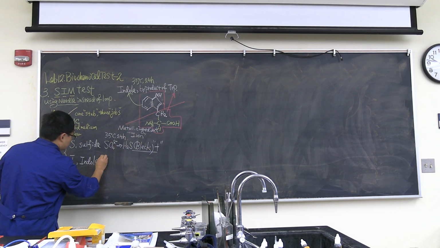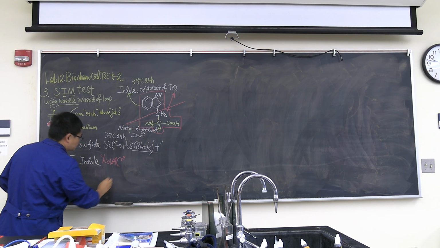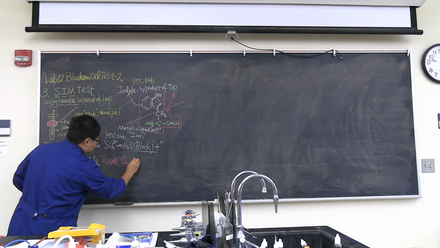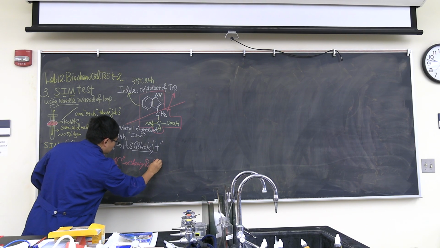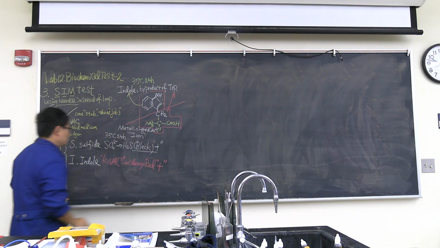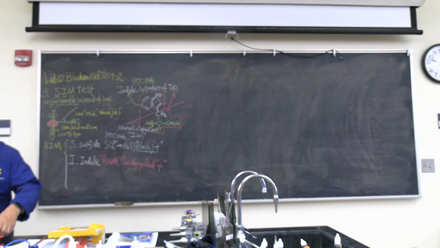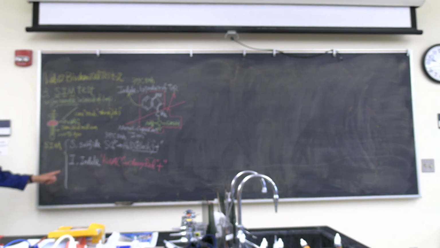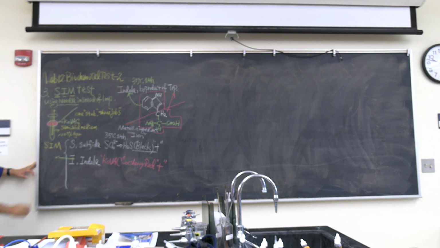That's why it's red. If it turns cherry red, it is indole positive. So we add Kovacs reagent. If it turns cherry red, it is indole positive. Otherwise, it is indole negative. And I want to say very straightforwardly, the indole test is a very easy, straightforward test for testing a bacteria.